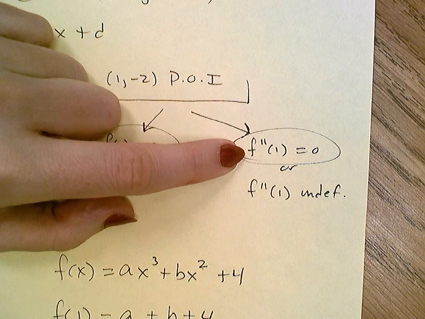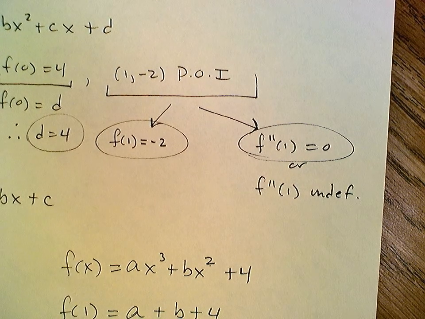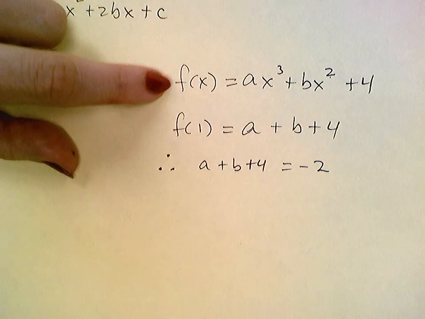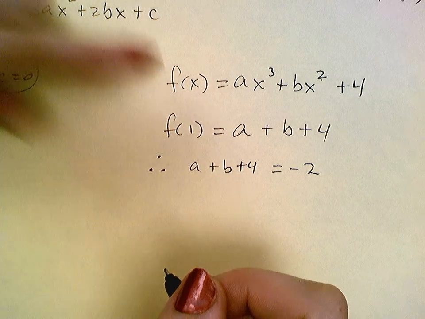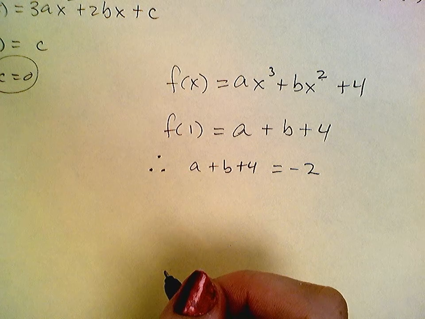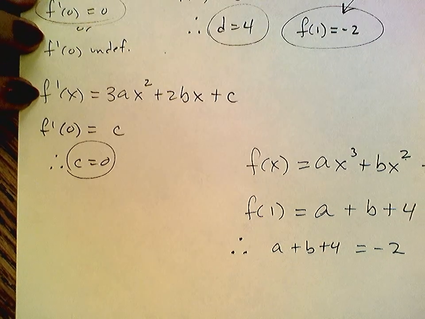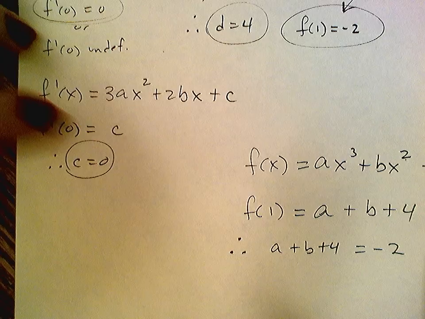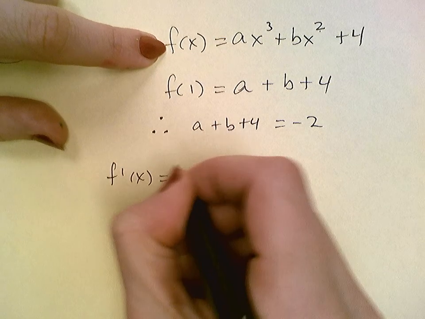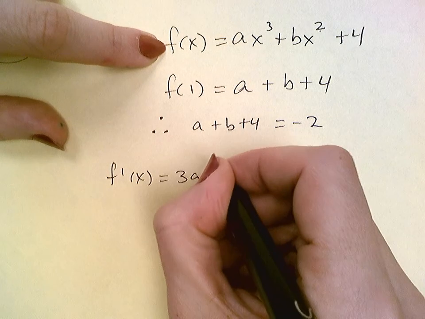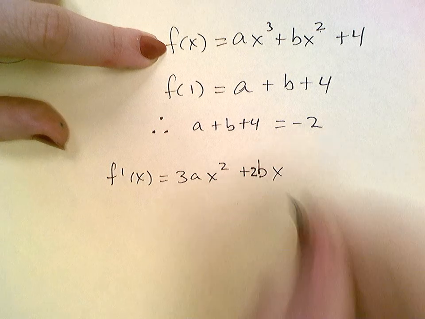Okay, so now I'll use this: f double prime of 1 equals 0. So I've got to take the second derivative. So this is what f of x is. So its first derivative is this. But, I mean, I already found that, so I'll just do it from scratch. Okay, so f prime of x is 3ax squared plus 2bx.